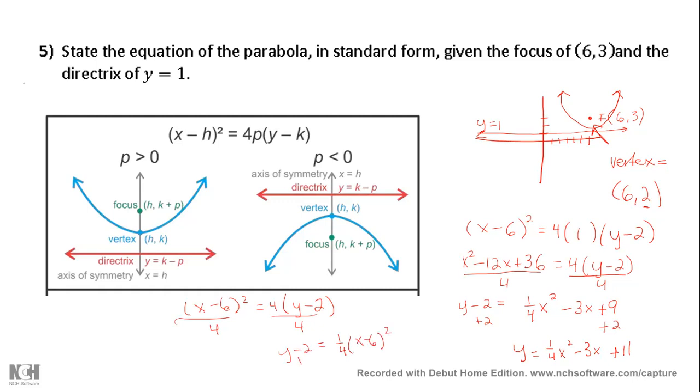And once I add 2 to both sides, I end up having this in vertex form. So if it asks in vertex form, you don't have to multiply your binomial. But this is the answer for this question because it does say standard form.